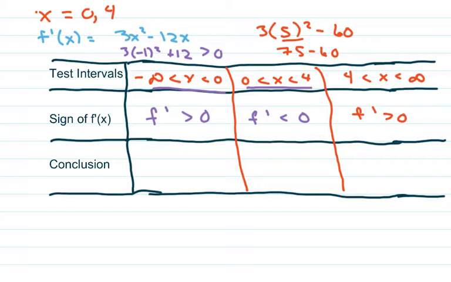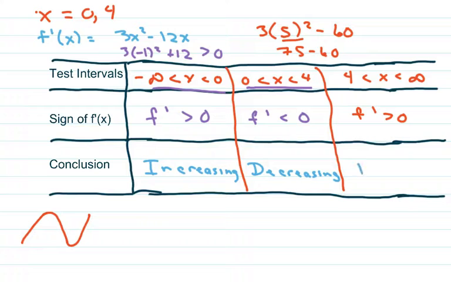So we're increasing, then decreasing, then increasing. So we're going to look at this. This is increasing, decreasing, then increasing.